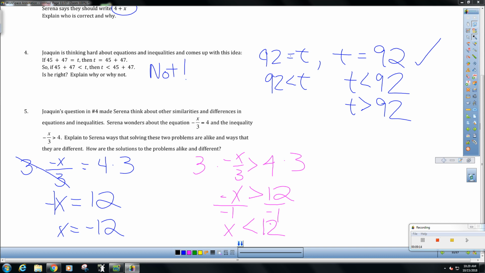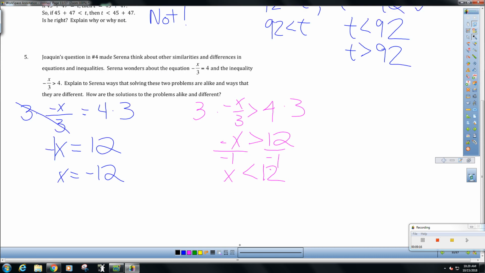So what's the other difference? Well, x equals negative 12. How many solutions are there to that? There's one. The only thing x can be to make this equation true is negative 12. It is the only solution to the problem. Whereas in x is less than negative 12, there are infinitely many answers to that question.